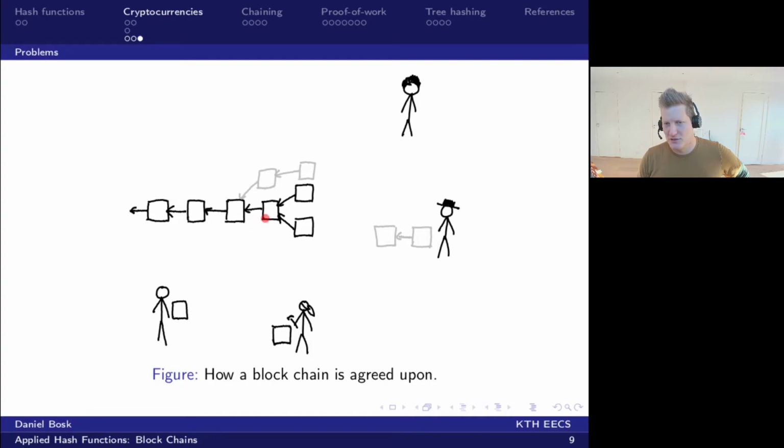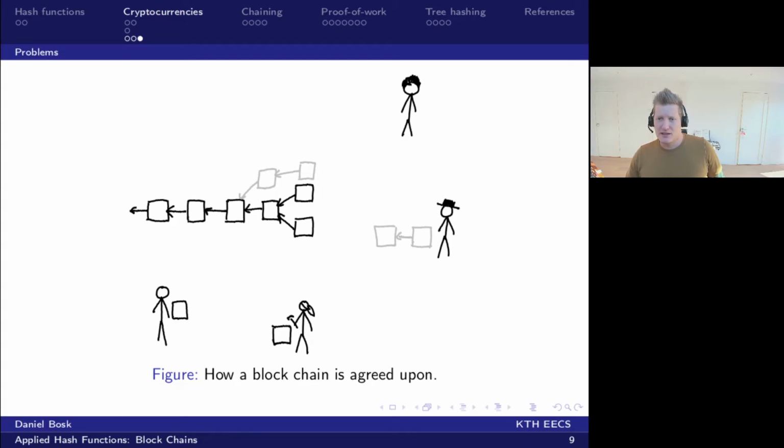So this is what the chain looks like. This is an alternative to this and this and this and this. These two are just alternatives to each other, but we want it to look like this. So how do we agree which block should be at the head? This one, or this one? And then if we agree on this one, we should also replace this one by this one. So how do we do this? That is the other problem that we are facing.